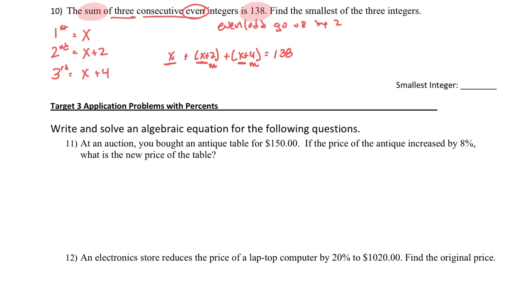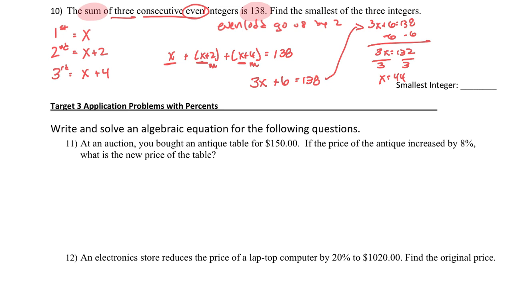If I put my like terms together, I get 3x plus 6 equals 138. So if I bring that up here to solve it, 3x plus 6 equals 138. And I subtract 6 off of each side. 3x equals 132. Divide by 3 on each side. And we get that x equals 44.